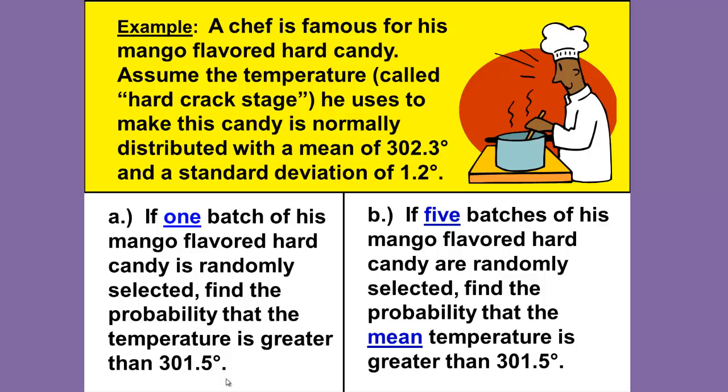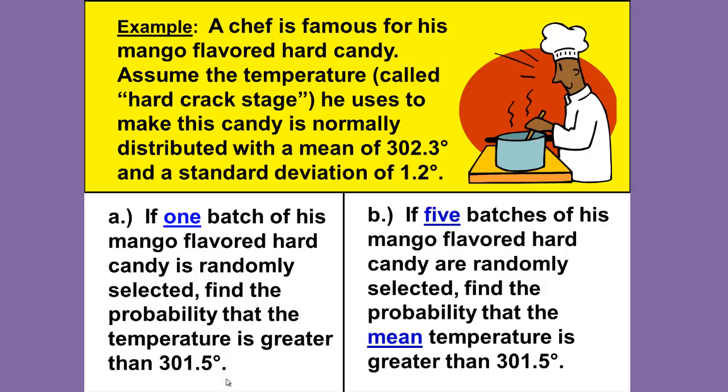For the A part, we'll find the probability that if one batch of his mango flavored hard candy is randomly selected, the temperature is greater than 301.5 degrees.